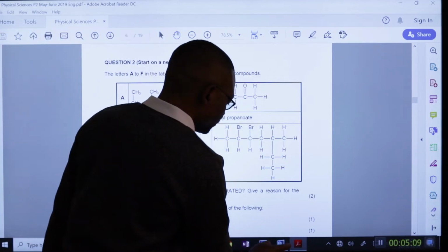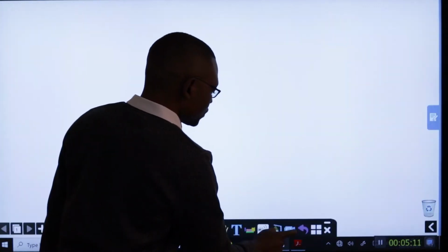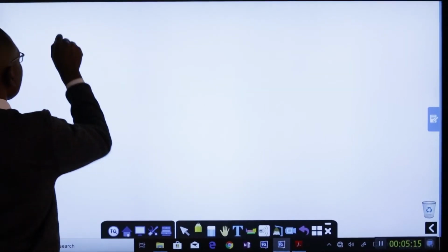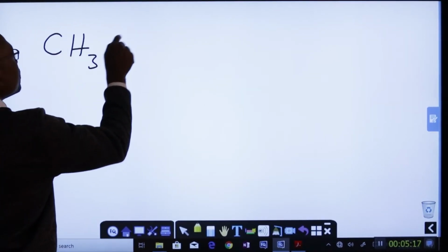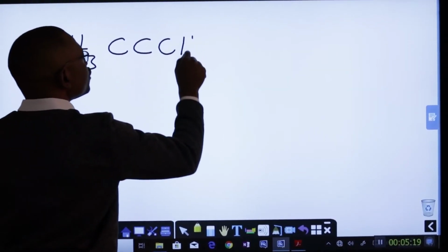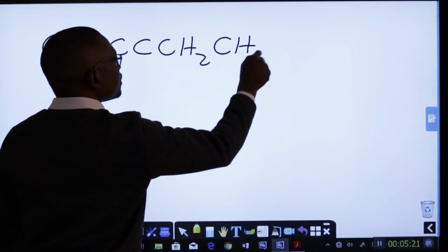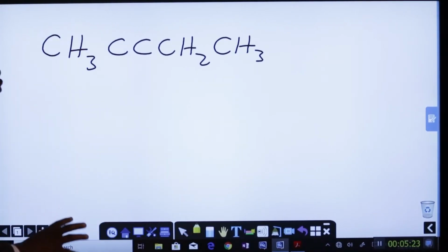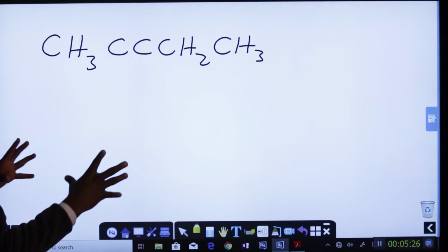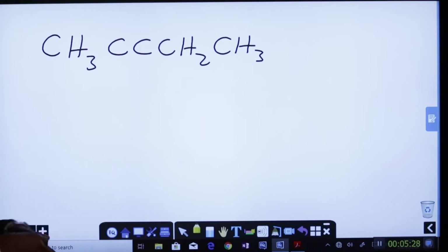So it goes like this: CH3, C, C, CH2, CH3. When we draw our open structure, we are supposed to show the bonding.